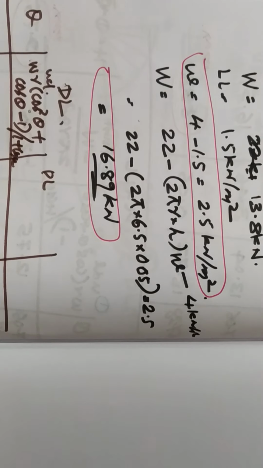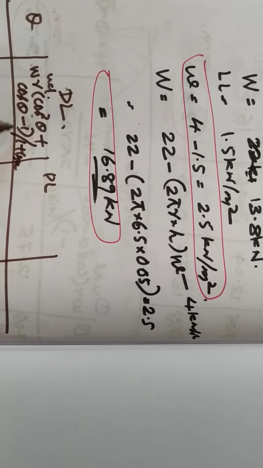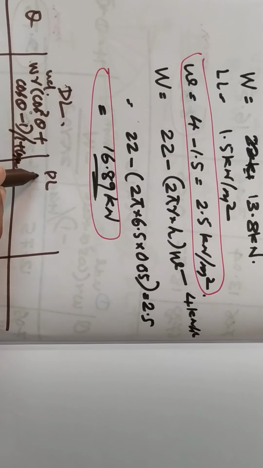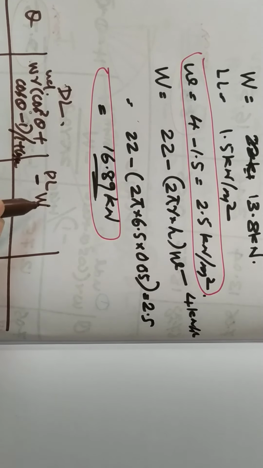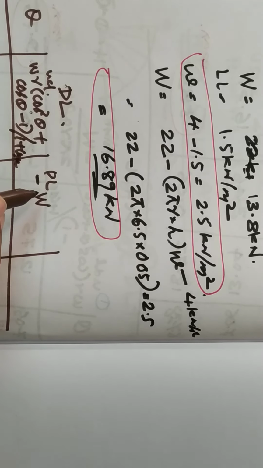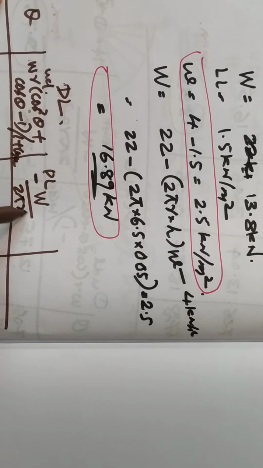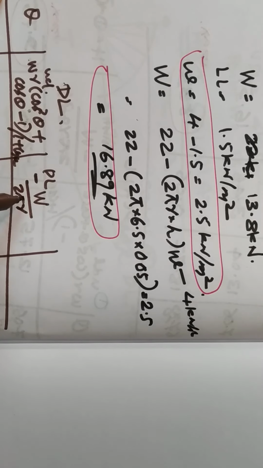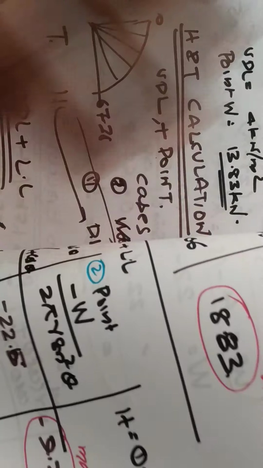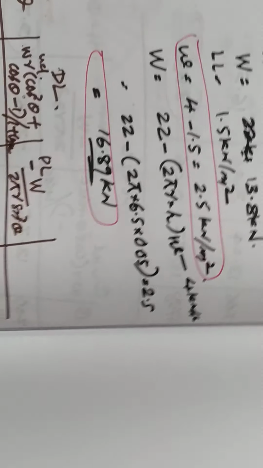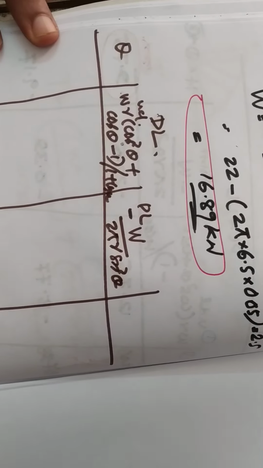And for a point load it is minus W divided by 2 pi R sin square theta.